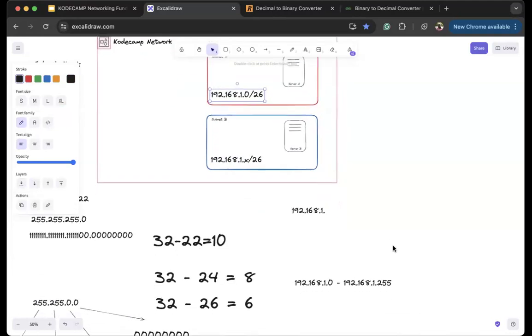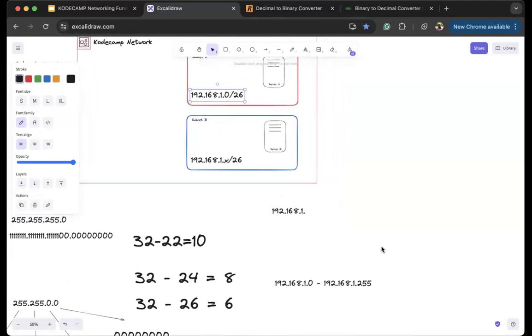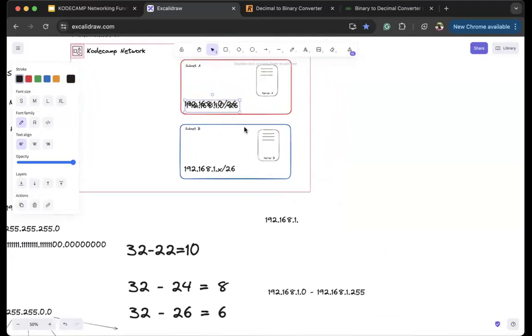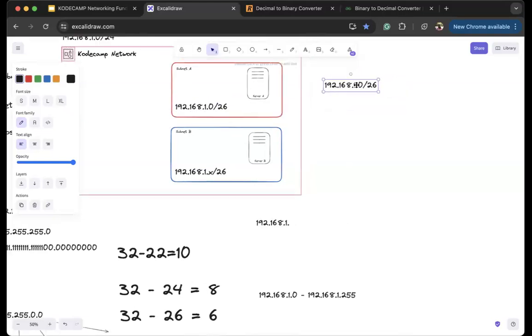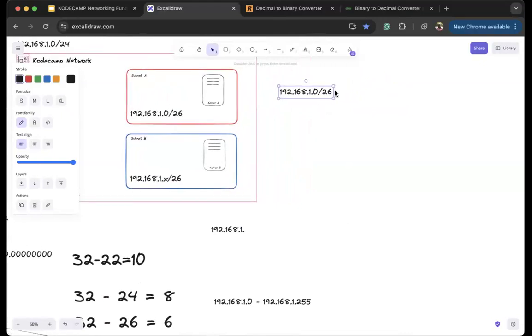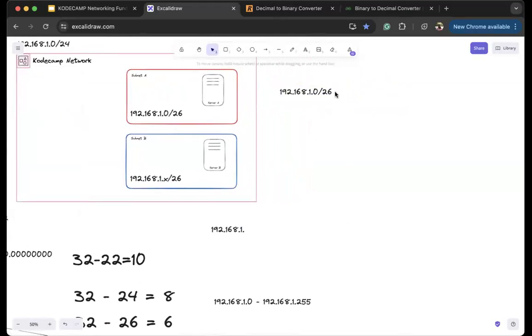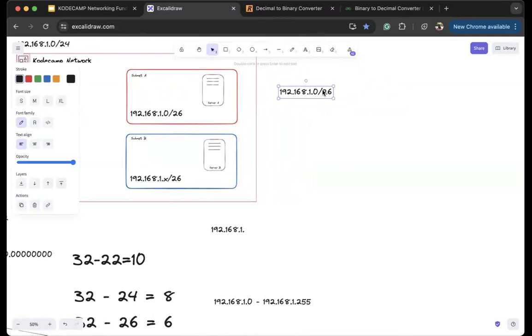So with this 26 now, what I'm having is 192.168.1.0 slash 26. I will do 32 minus 26, which will give me 6.